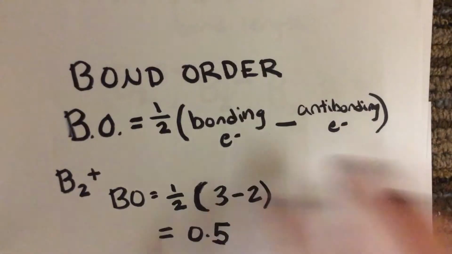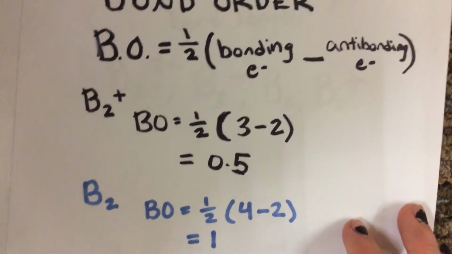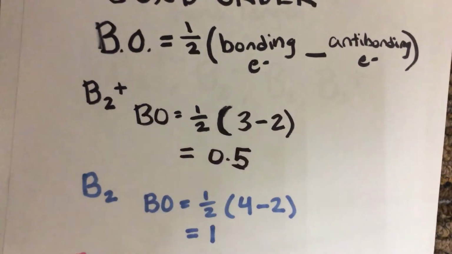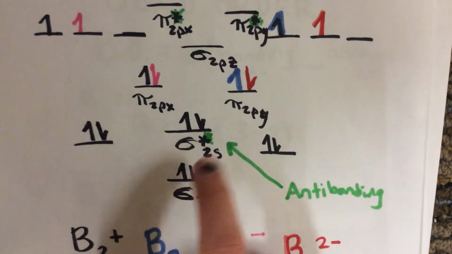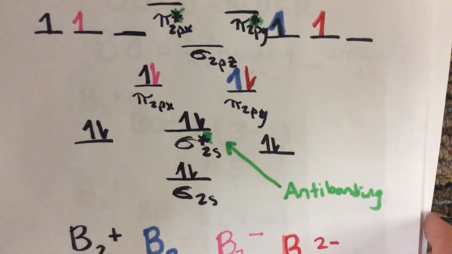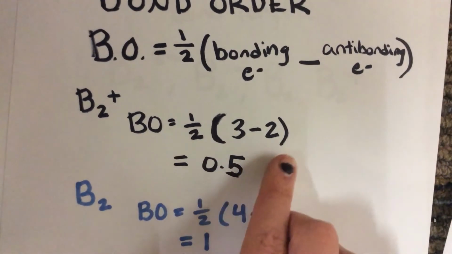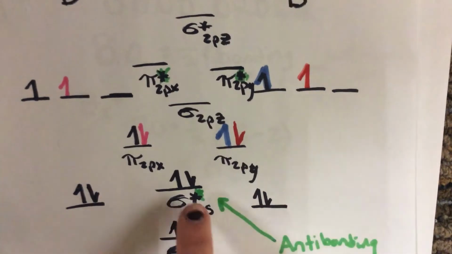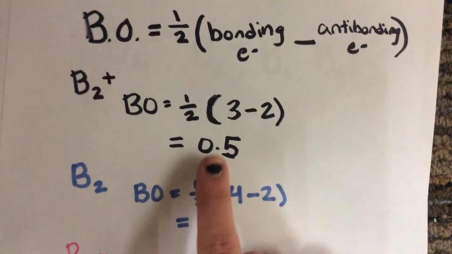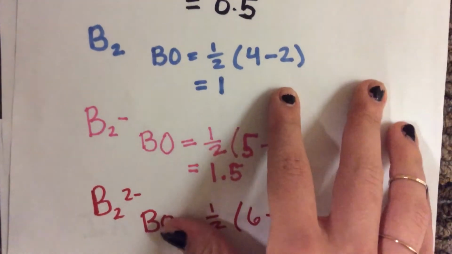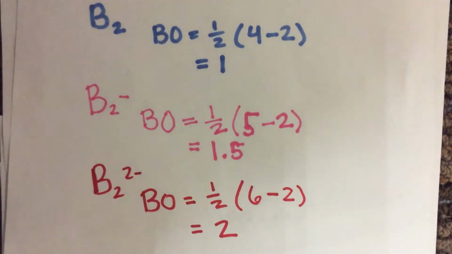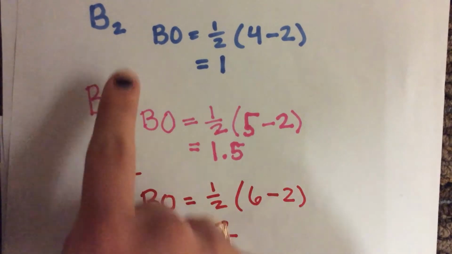So, if you were to calculate the bond order for B2+, it would be 1/2 the 3 bonding electrons, which you see here, 1, 2, 3 black, and the 2 antibonding electrons, which you see here, 1, 2, antibonding, and that would give you a bond order of 0.5.